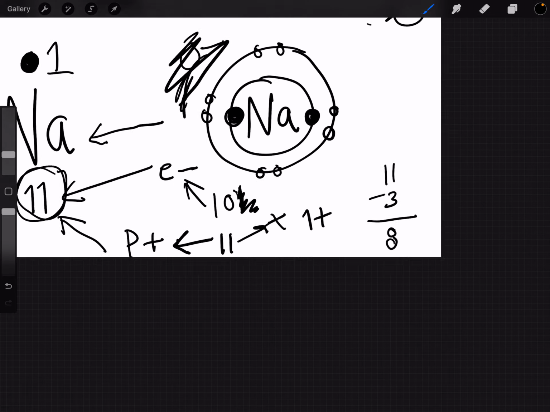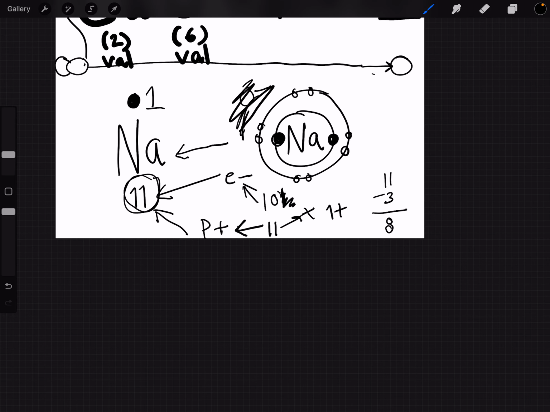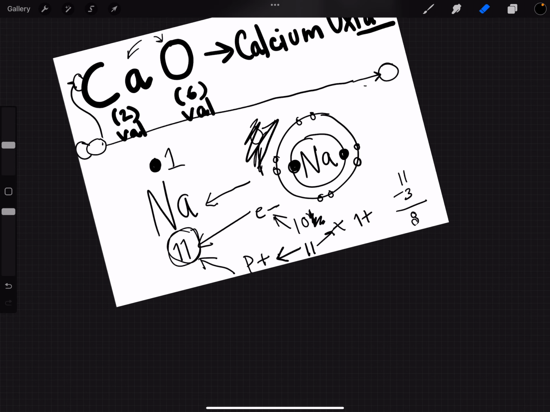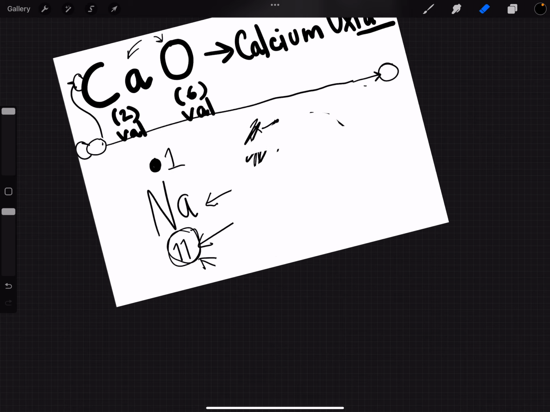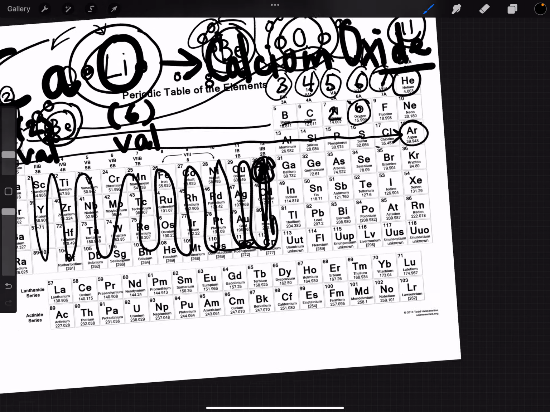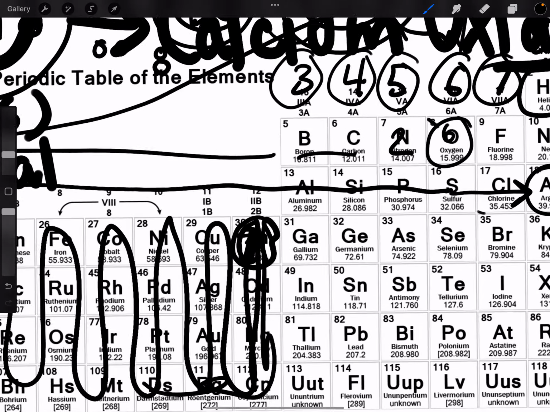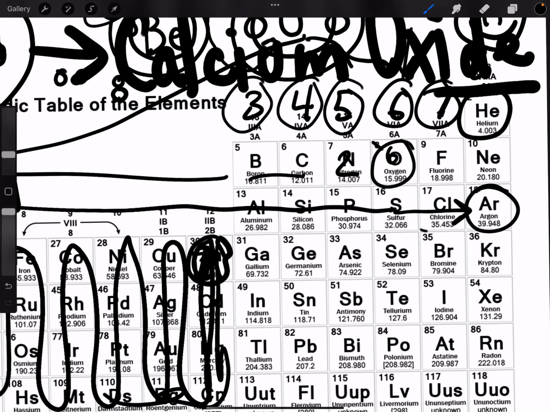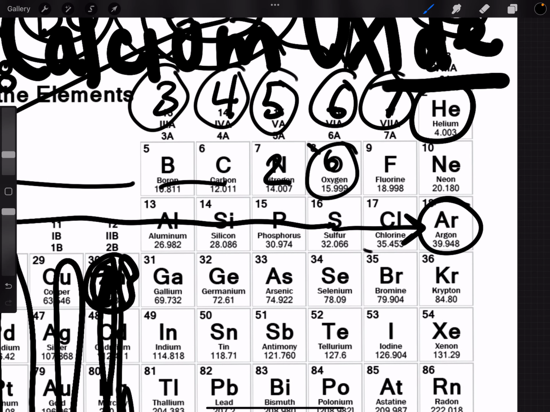Okay, and how do you do it if it's gaining electrons? Here, I'll do an example. Okay, let's look at the periodic table. 1, 2, 3, 4, 5, so 6. Let's do oxygen.